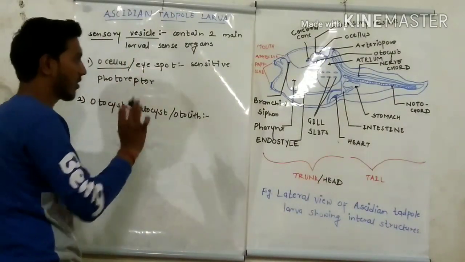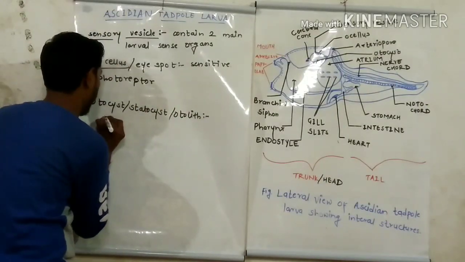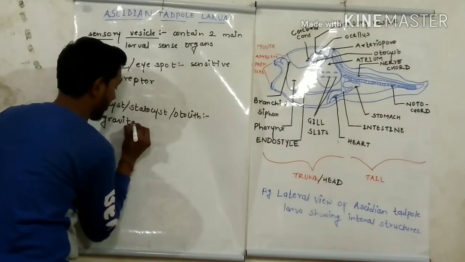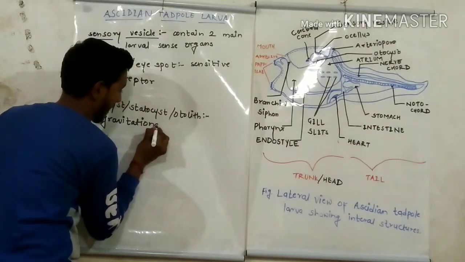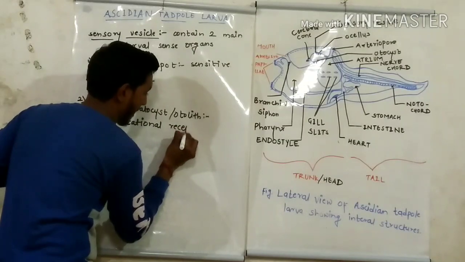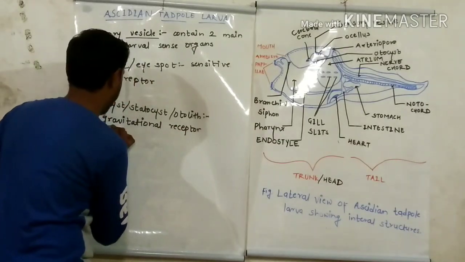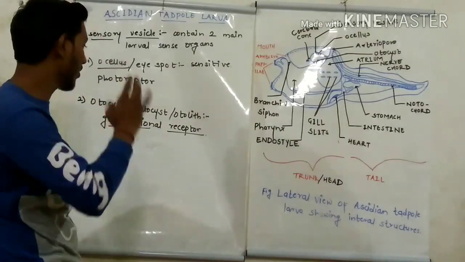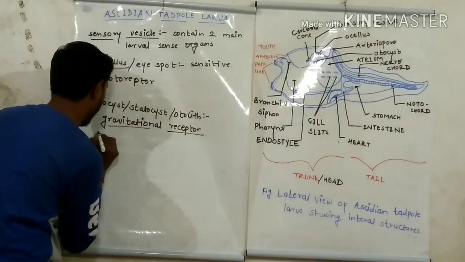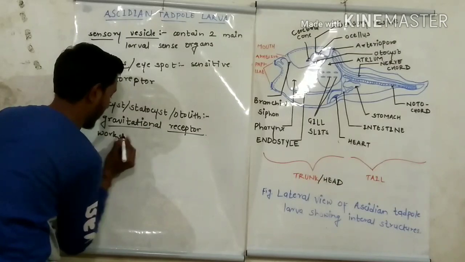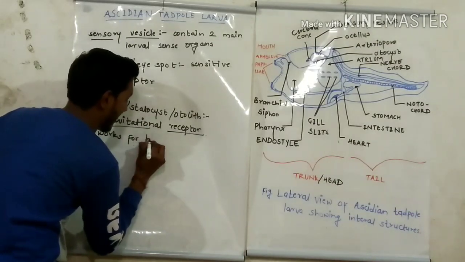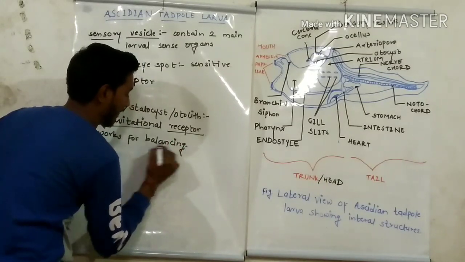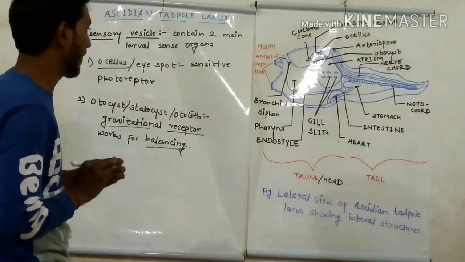So, what is the function of this otocyst? Otocyst is a gravitational receptor, and its function is for balancing. It acts as the balancing organ.